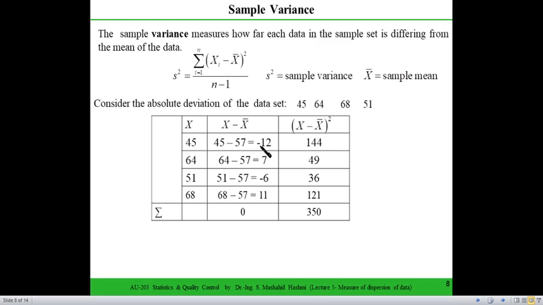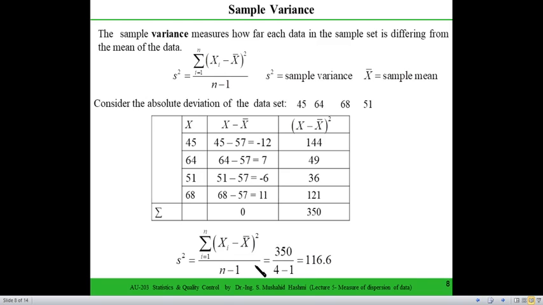Minus 12 squared comes out to be 144, 7 squared is 49, and minus 6 squared is 36. Now if you take the sum of the squared differences, you end up with the number 350. If you substitute into the formula for sample variance, the numerator comes out to be 350, and in the denominator, instead of n, we have n minus 1.